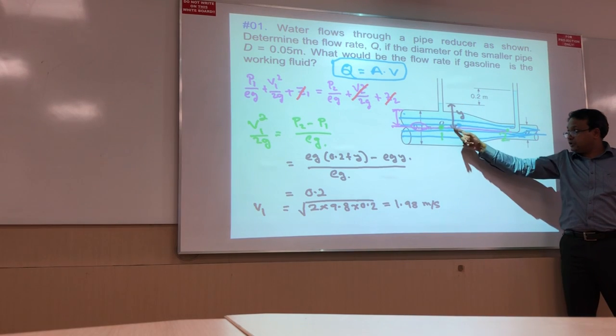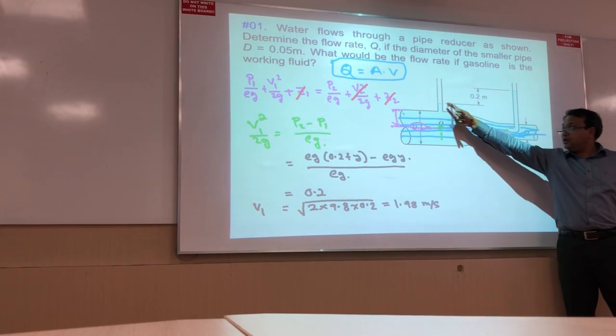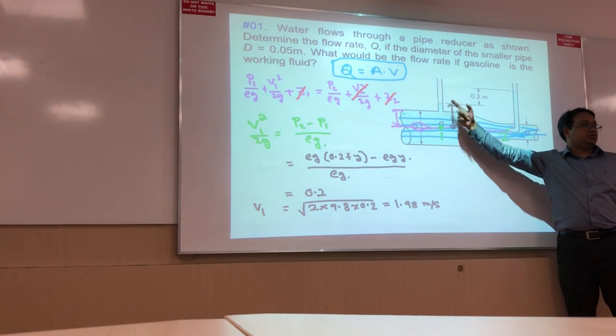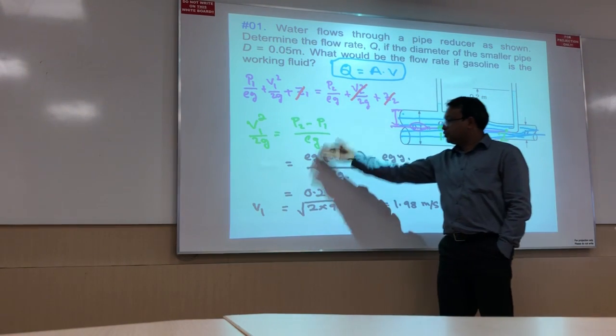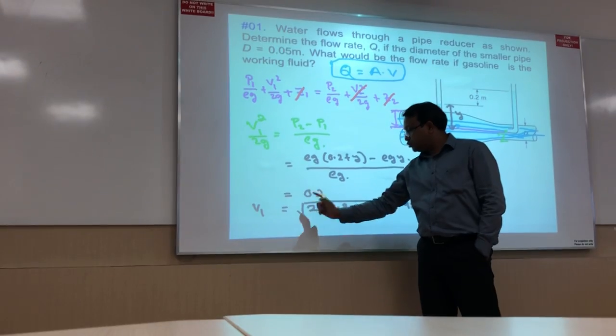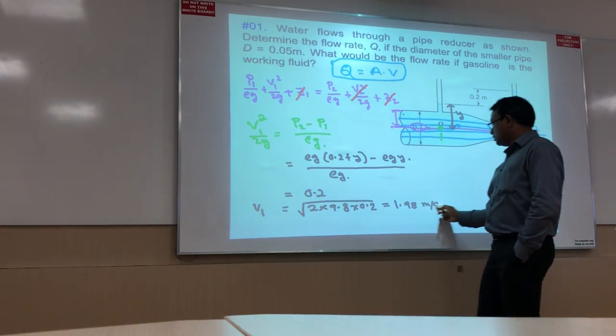The distance from here to here is y plus 0.2, pressure P2. And P1 is here, y plus rho g. So rho g times y is cancelled from both sides. I can get rho g times 0.2, rho g cancels, I can get 0.2. So V1 becomes the square root of 2 times g 9.8 times 0.2, I can get 1.98.